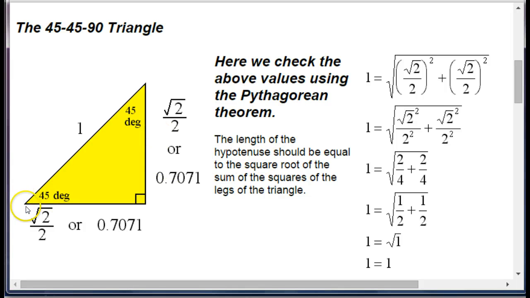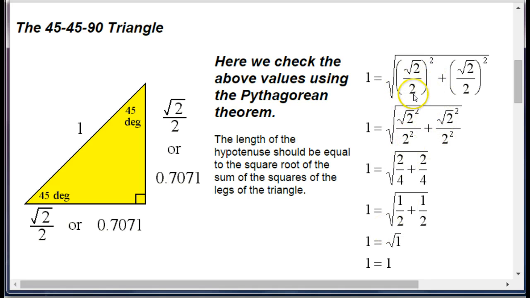If we have a 45-45 triangle whose hypotenuse is 1, and it's a right triangle, then the other angle has to be 45 degrees because it has to add up to 180. So you have an isosceles triangle, and if the hypotenuse is 1, then the side lengths have to be square root of 2 over 2 because of the Pythagorean theorem.